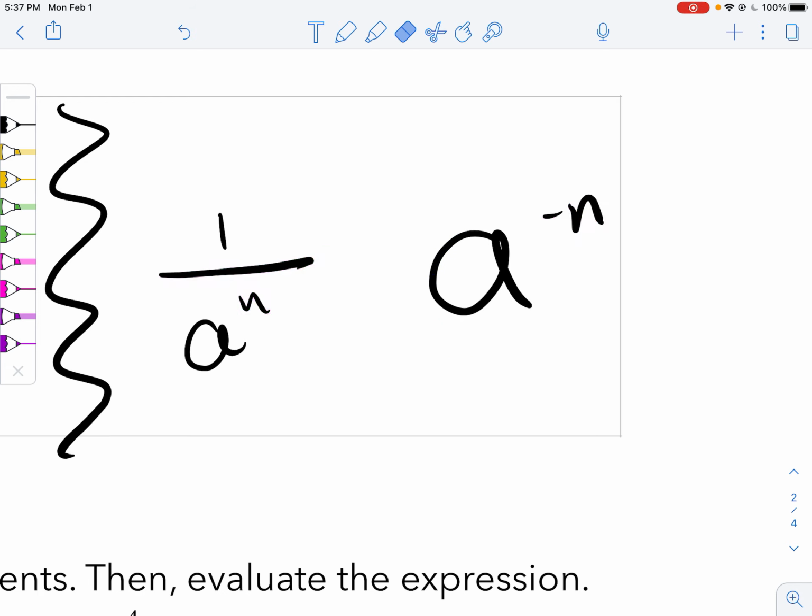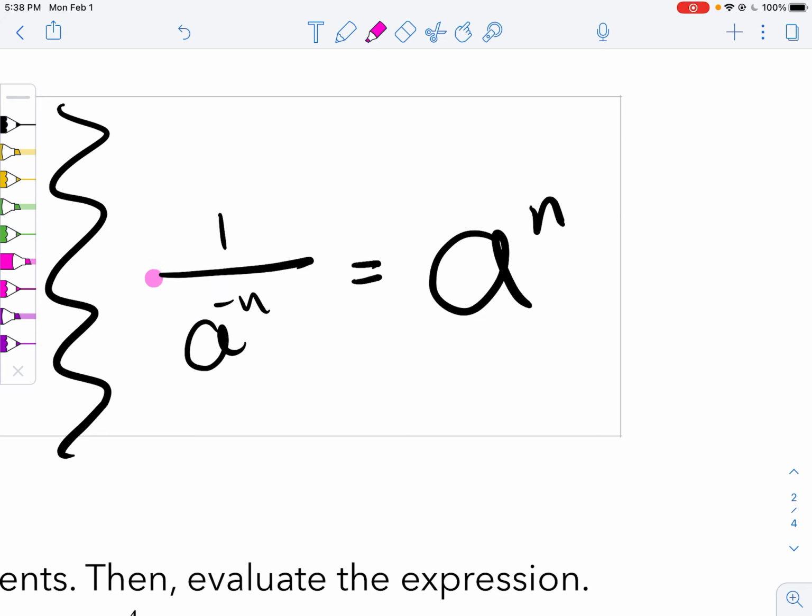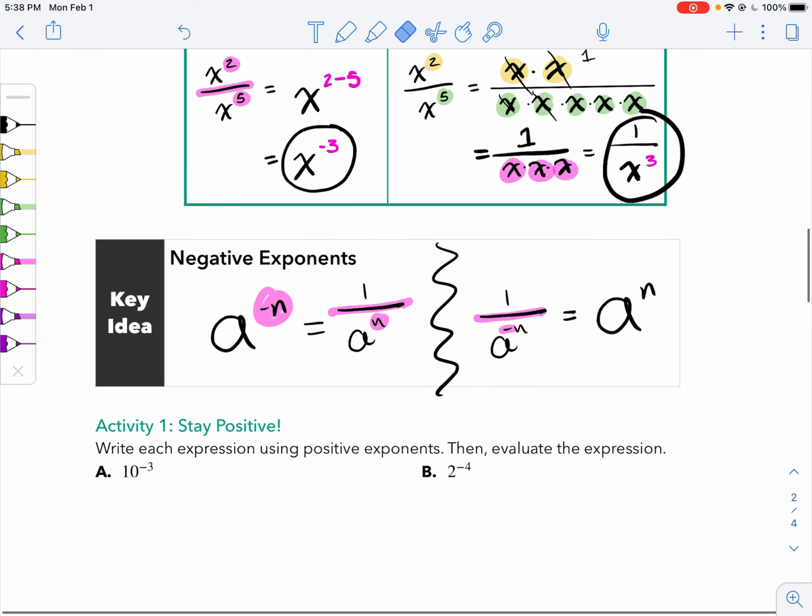This time, instead of 1 over a to the n, we put the negative here. We just take this negative over here, and guess what happens? These negatives cancel out, giving us a positive. But you wouldn't even write the positive because you don't need to. So there it is. Isn't that such a cool rule?